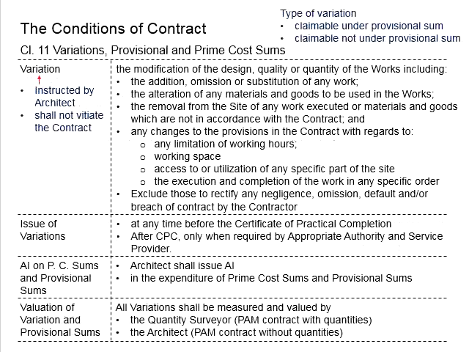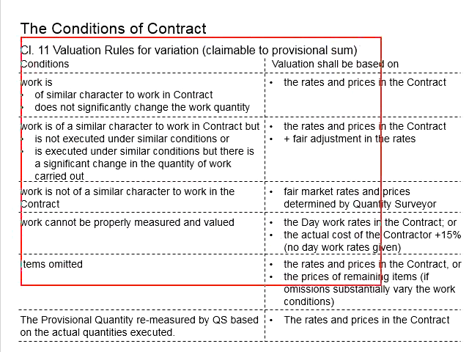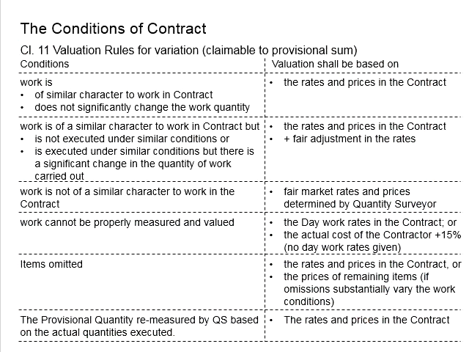There will be a third party made of professionals, either the quantity surveyor or the architect, to facilitate the entire process. Due to various components of the conditions, this can be quite confusing and difficult to understand.